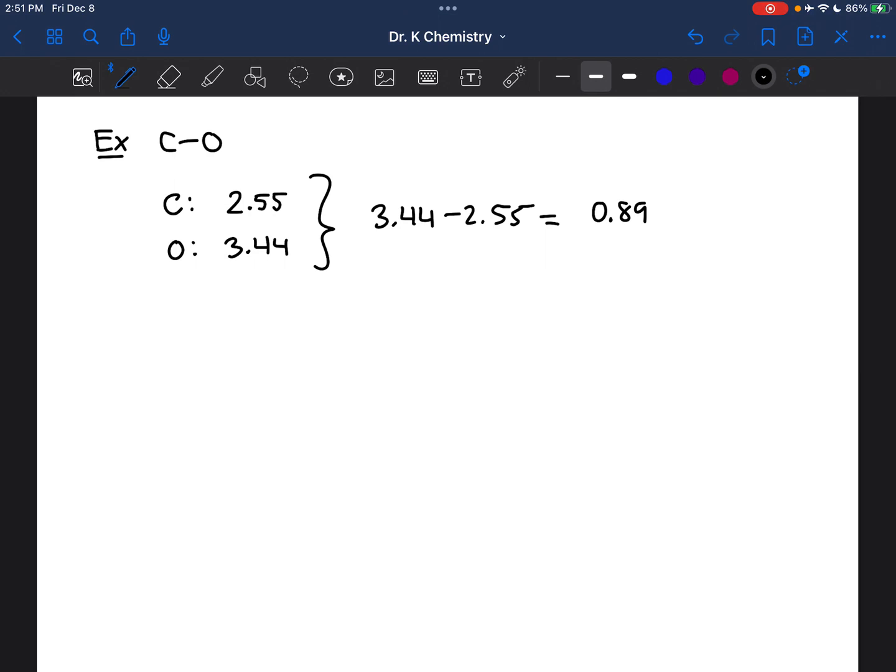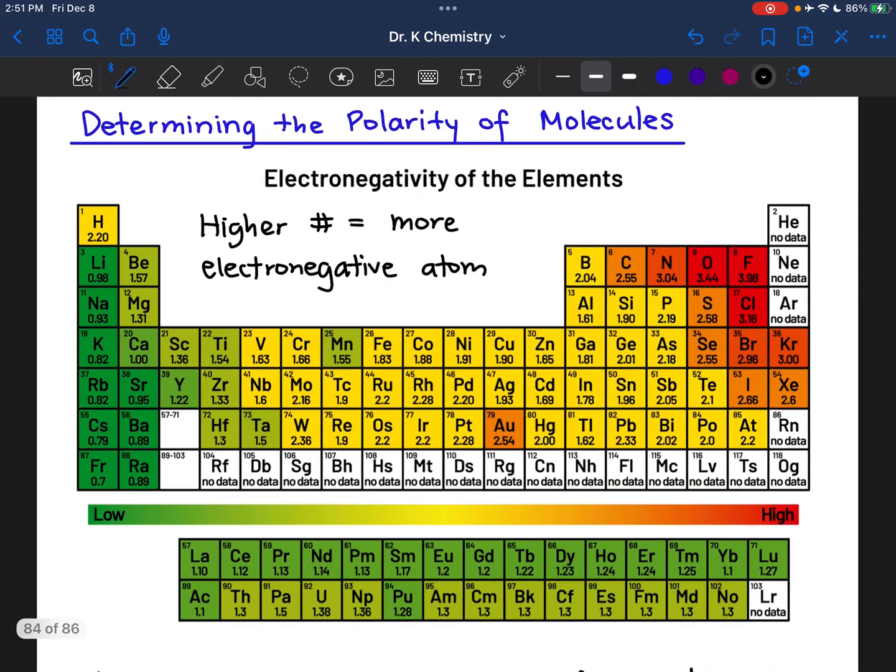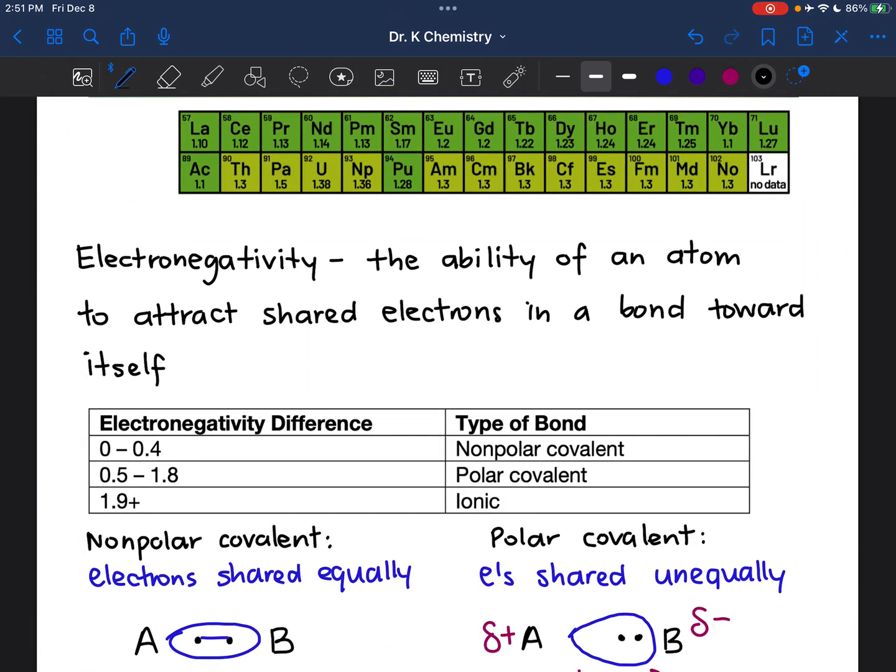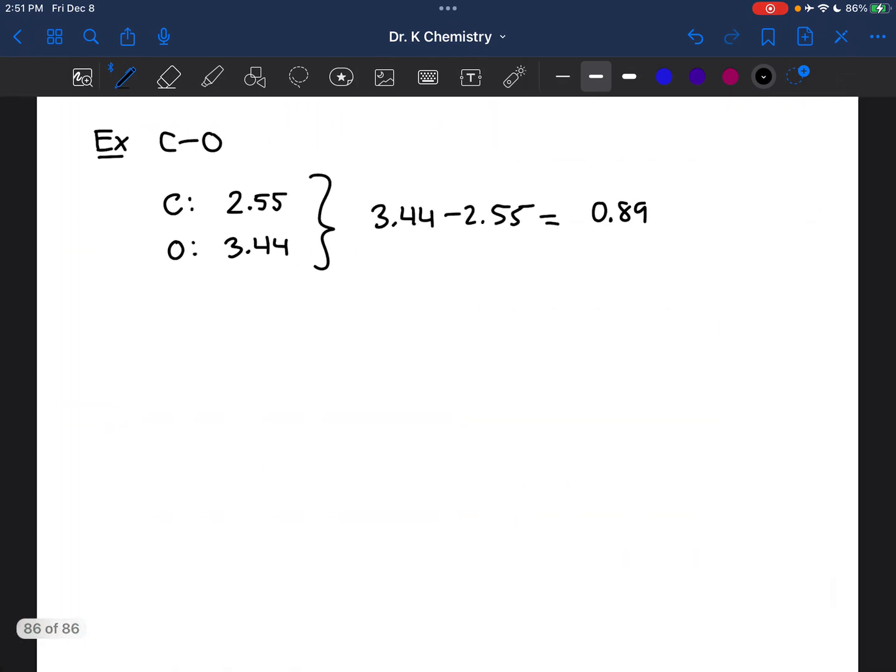And that is a value of 0.89, which on the chart is telling us that is a polar covalent bond. And since oxygen has a higher electronegativity value, it means it is pulling electron density toward itself, and the dipole is going toward oxygen.